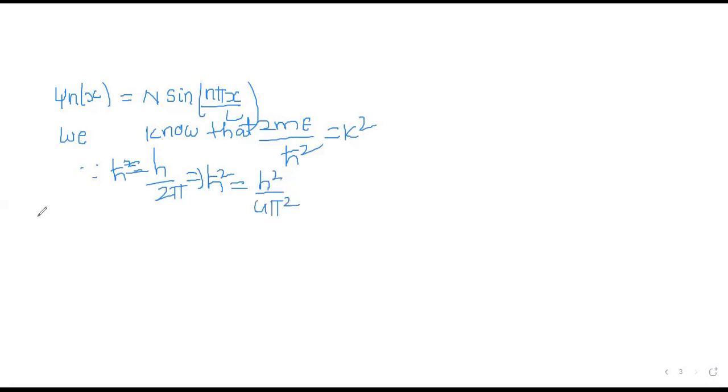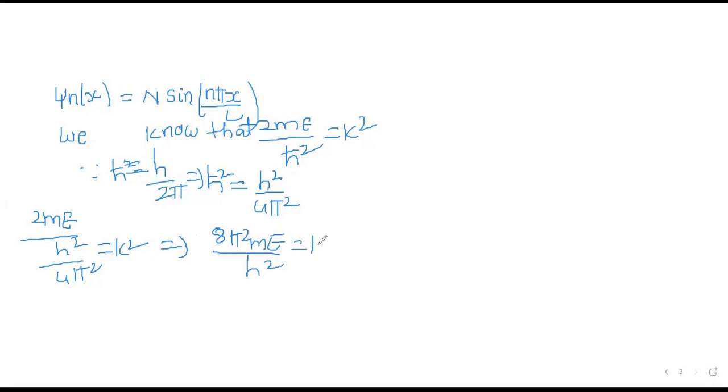So we write 2mE by h square by 4 pi square, which is equal to k square, implying 8 pi square mE by h square is equal to k square.